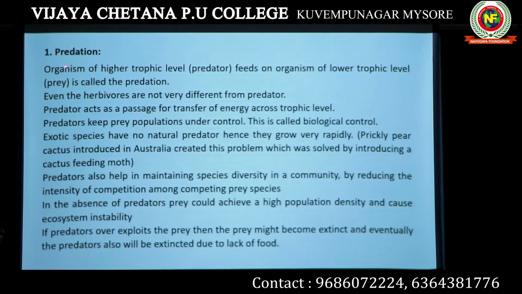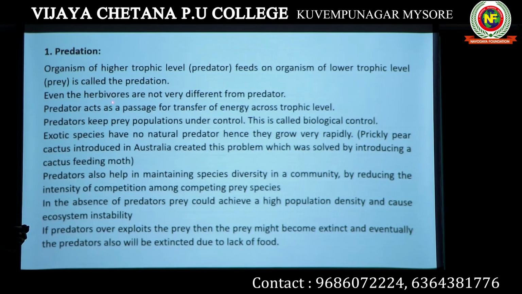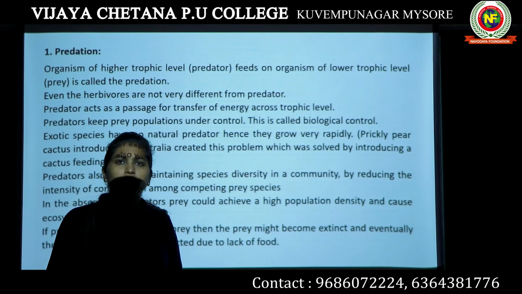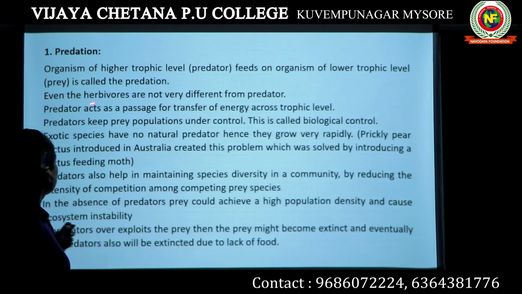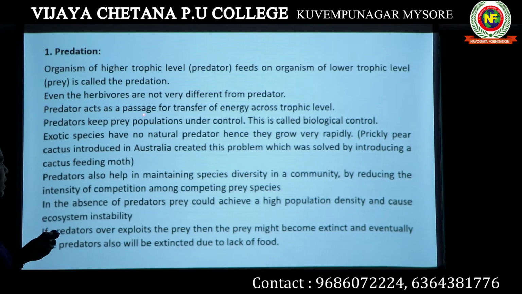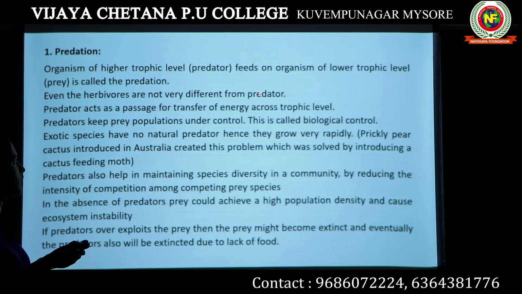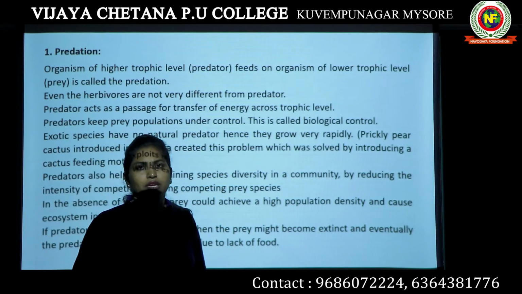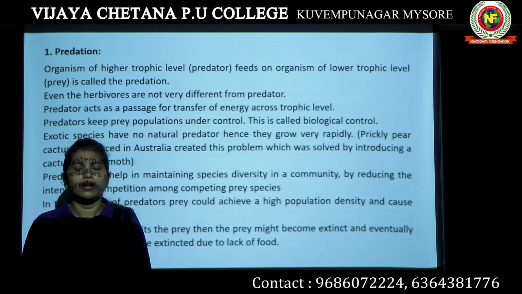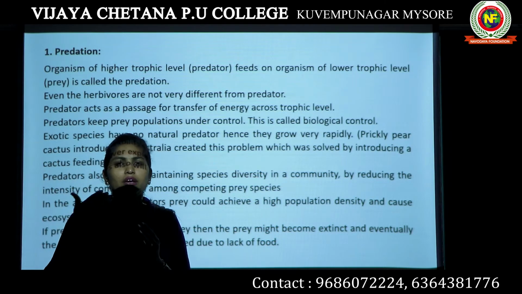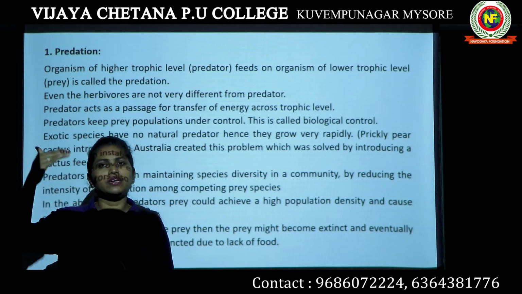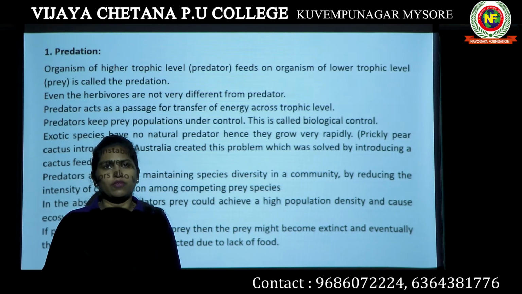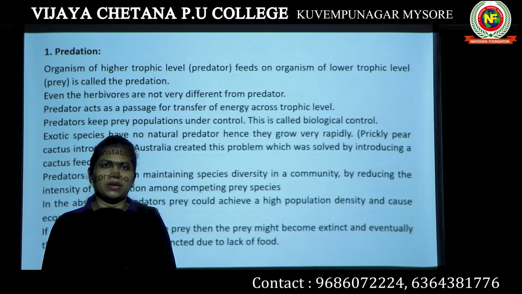Why is predation very important? Why does predation have to be present in our ecosystem? A predator acts as a passage for the transfer of energy across trophic levels. We have studied food chains and food webs. In a food chain, we need organisms in different trophic levels so that energy can transfer from one trophic level to another.